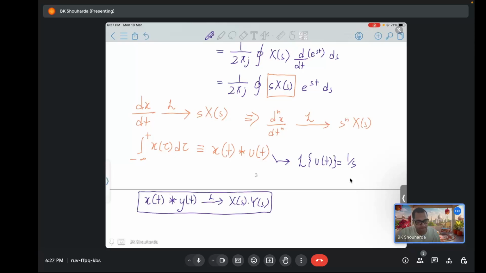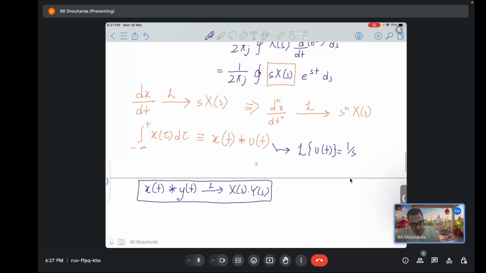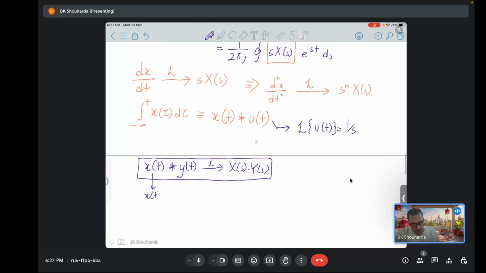So if we use that, let me keep x(t) the same and y(t) as the unit step, then the Laplace transform is X(s) upon s, because the unit step function has the Laplace transform of 1 upon s.